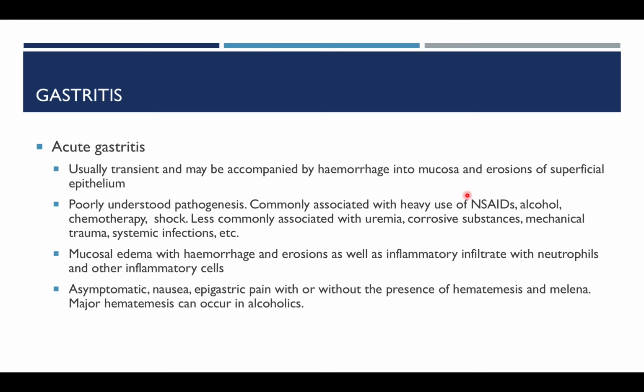So when we have less prostaglandin, there's less blood flow, there is increased acid, and there's decrease of mucus and bicarb, which means that there's an imbalance of protective and damaging factors, where in this case the damaging factors are increased and the protective factors are decreased, therefore causing risk for acute gastritis.